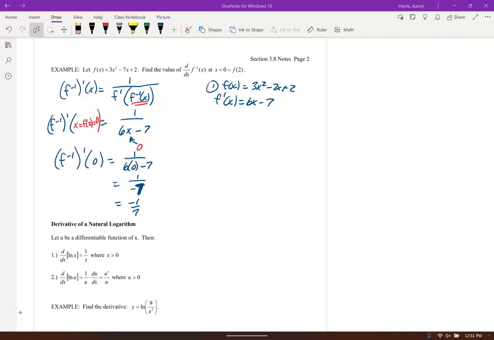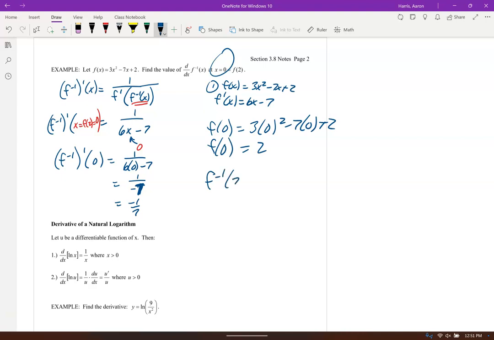Guys, my apologies. I just realized that I messed this up here. When I want f of 0, f of 0 into the original is 2. I want my input on the inverse then to be 2. Sorry about that. So x being the 2 for the inverse, right?